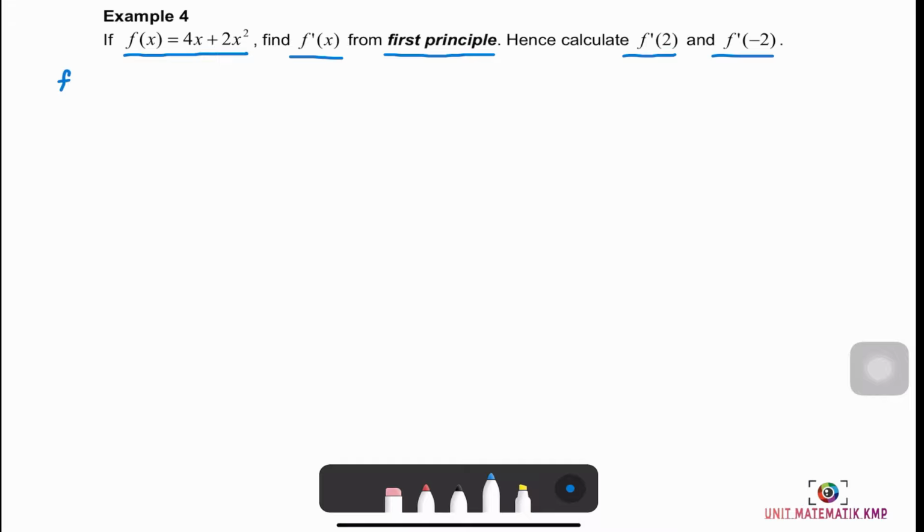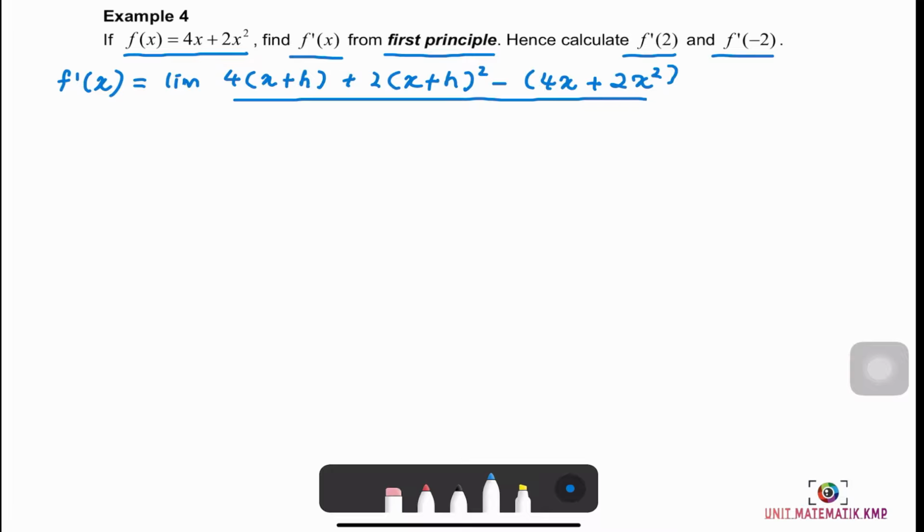We have f prime x equals the limit of 4 times x plus h plus 2 times x plus h squared minus 4x plus 2x squared, over h when h approaches 0.